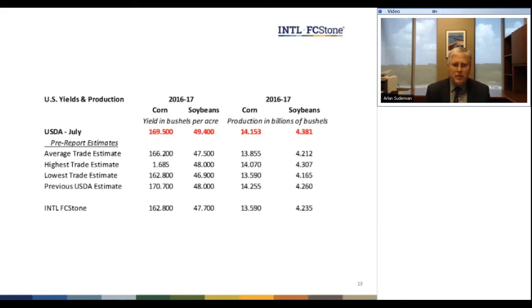So we did not expect USDA to come down as far as the trade was, at a little over 166, and certainly not as low as our final yield estimate based on our most recent survey, 162.8. We did not, though, expect it, nor did very few expect it, to come in with a 169.5.